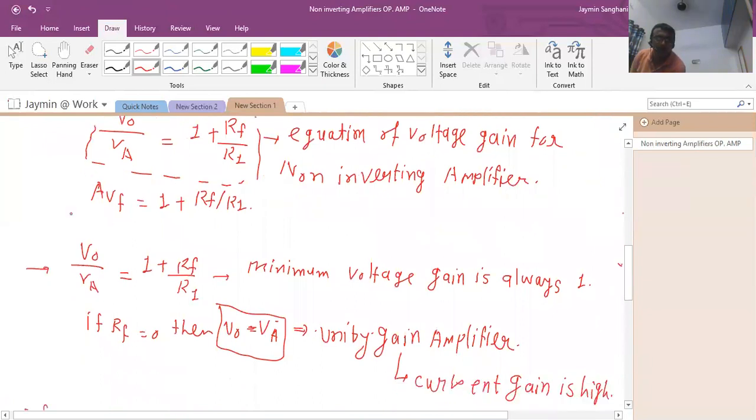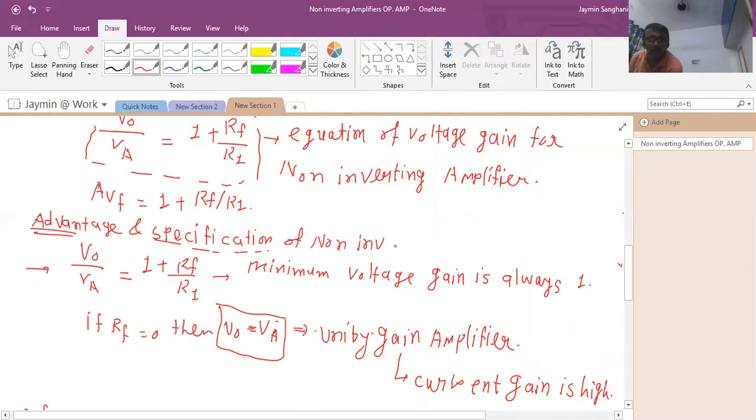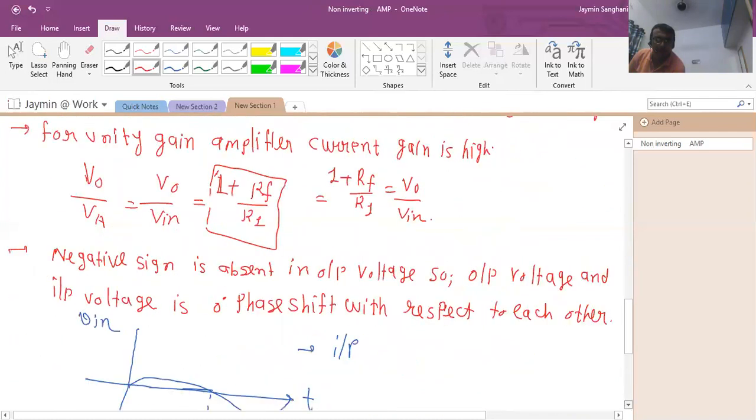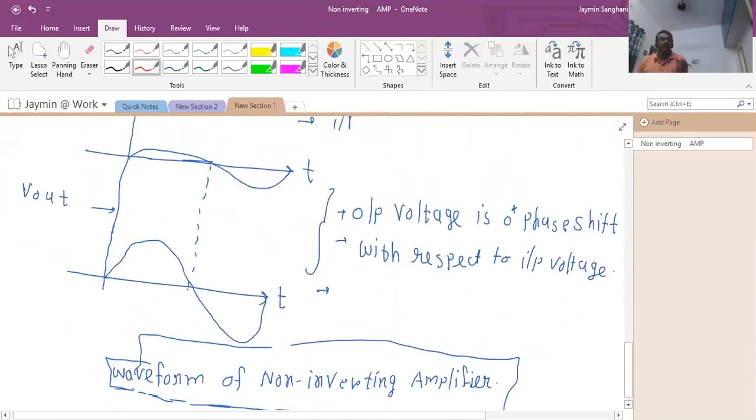Here it is the advantage and specification of non-inverting amplifier. So it is known as the parameter and input output waveform of non-inverting amplifier.